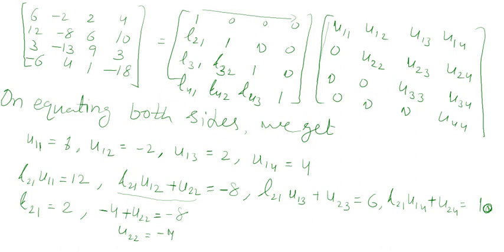Similarly, from the third entry, L21 is already obtained, that is 2, and U13 from the first row is 2. So 2 into 2 is 4 plus U23 equals 6, so U23 is 6 minus 4, that is 2. From the last, L21 is 2, U14 is 4, so 2 into 4 is 8, so U24 is equal to 2.